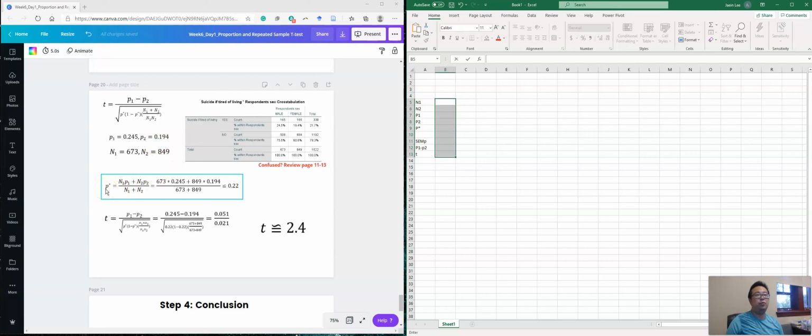So the P star, which is the pooled, that's what we call the pooled variance. As I told you in the lecture, because there are two different samples, we assume that the male and the female would have different variances because they are separate people and separate groups. We are assuming that those people are different from each other. Male and female, they are different.